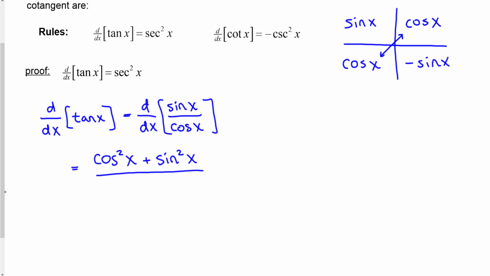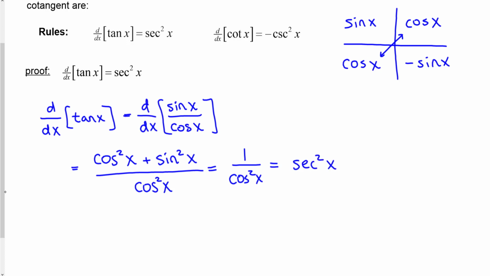The original denominator in this was cosine of x. So it's divided by cosine squared x. You've probably already recognized the numerator is the form of the Pythagorean identity. So cosine squared x plus sine squared x is equal to 1. So this becomes 1 over cosine squared x. And 1 divided by cosine squared, that is the definition of secant squared, which is where we get the rule for this derivative.